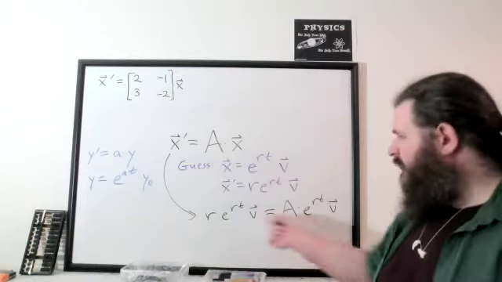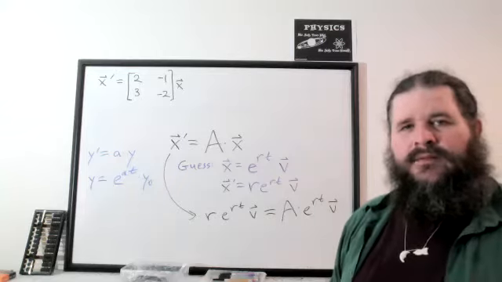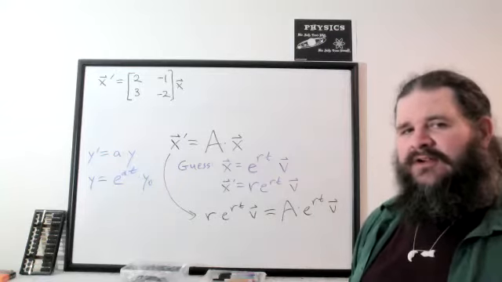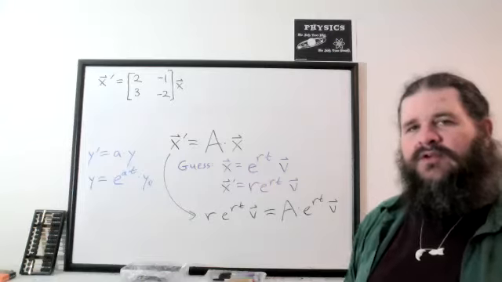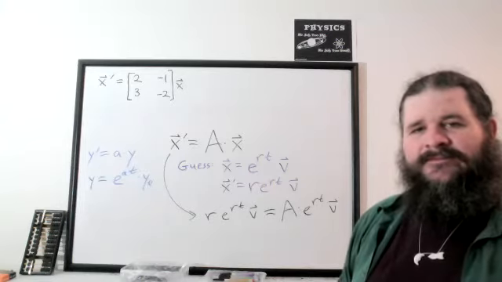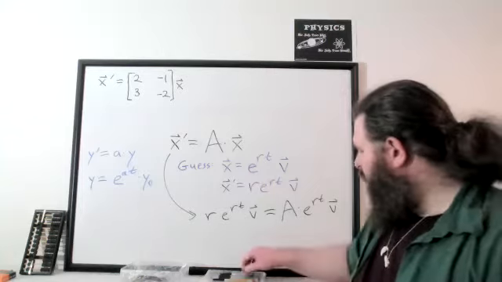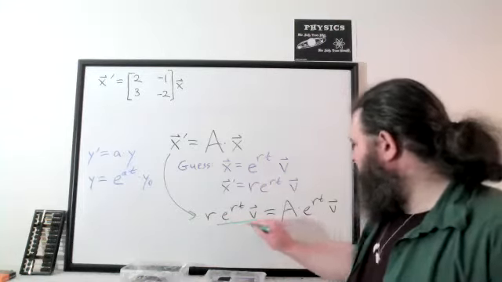Also, what can we get rid of in this equation? We can't get rid of v because v is a vector and you can't divide by a vector. But what could you divide both sides by? e to the rt. Yeah, we can divide both sides by that exponential.